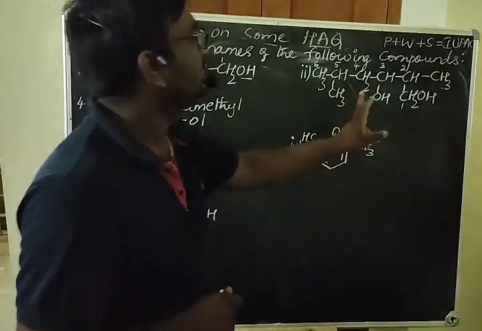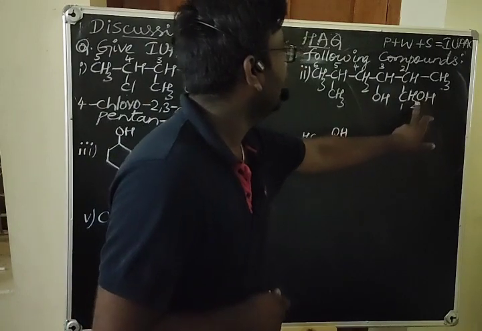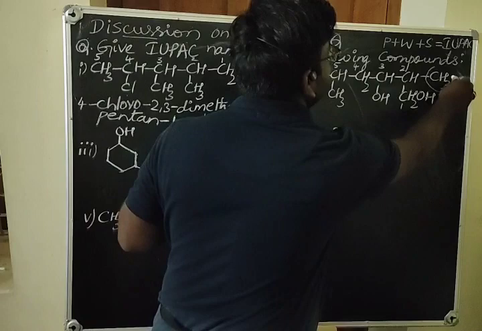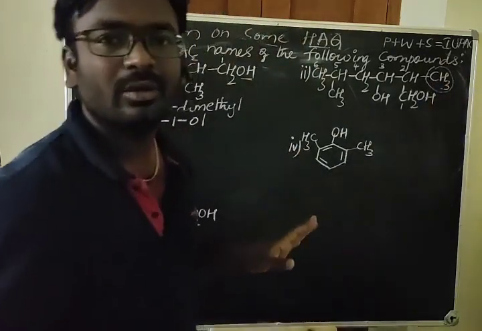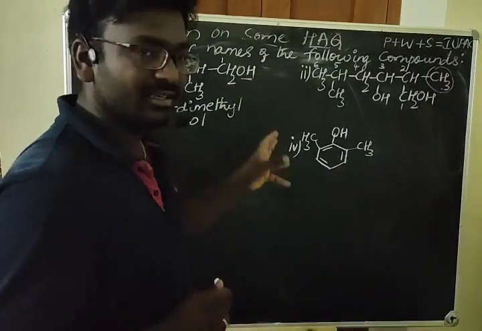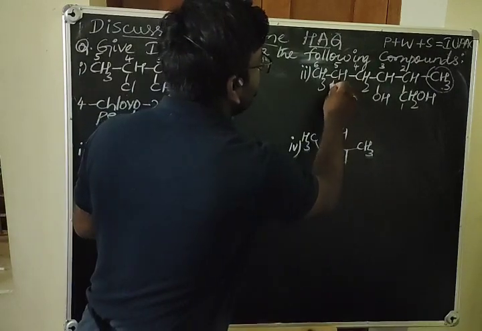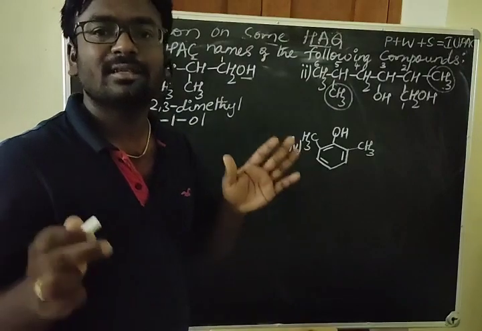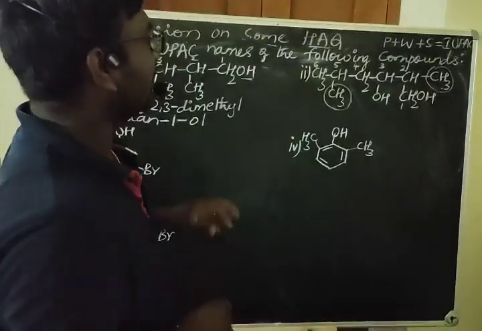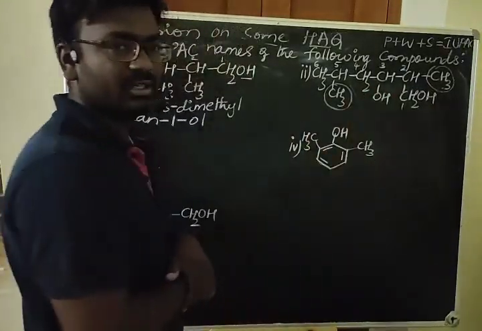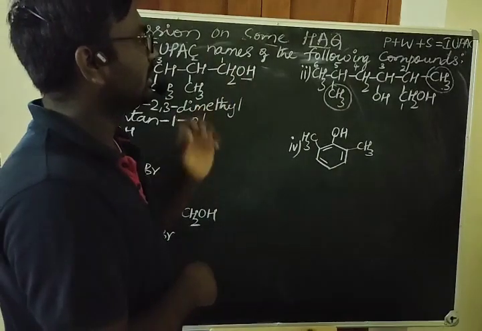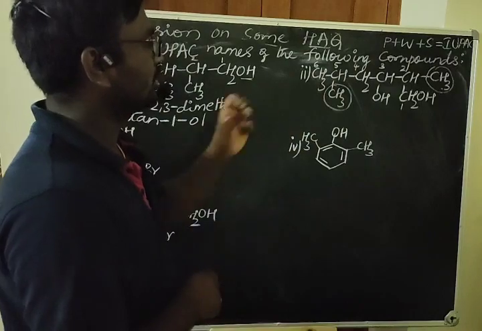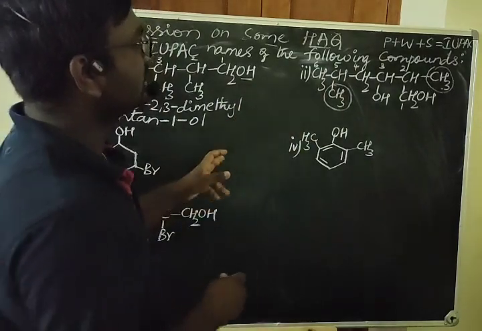Here the functional group is OH and the substituent groups are these methyls. They are not numbered in the main chain, so they are considered as side chains or substituent groups. There are two substituent groups. For these two, what are the positions?